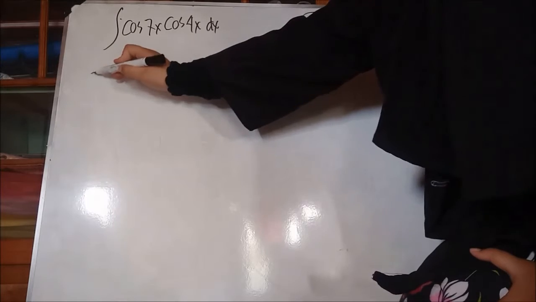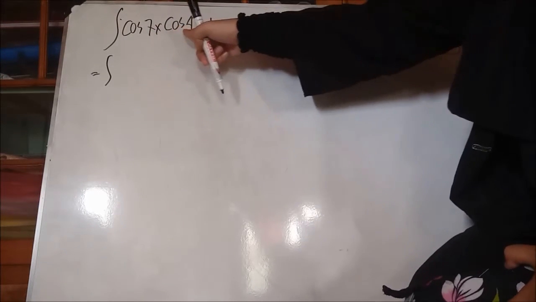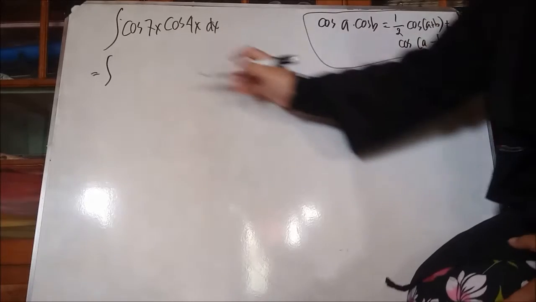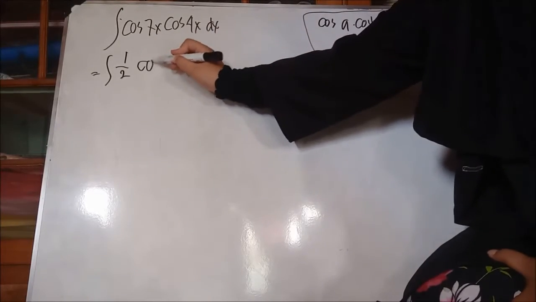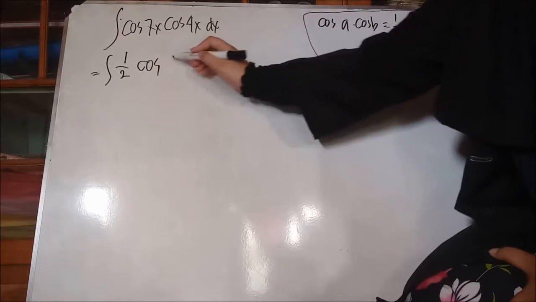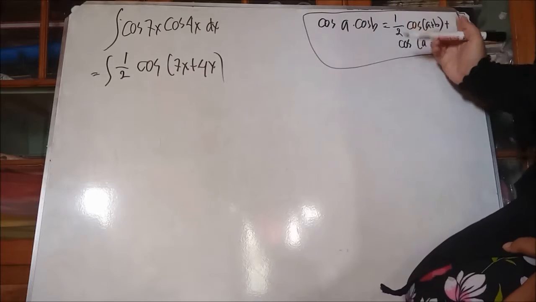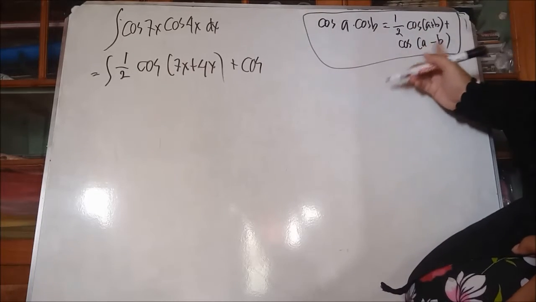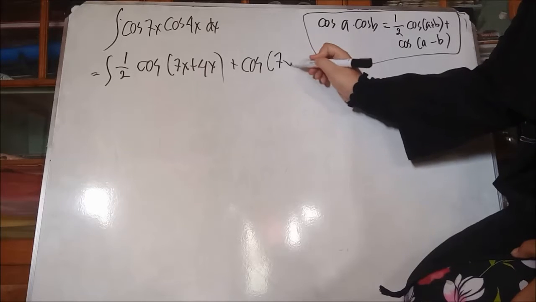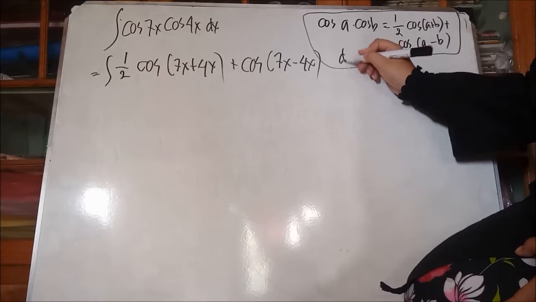From here, because this is A and this is B, we can get the integral of 1 over 2 times cos of 7x plus 4x plus cos of 7x minus 4x dx.